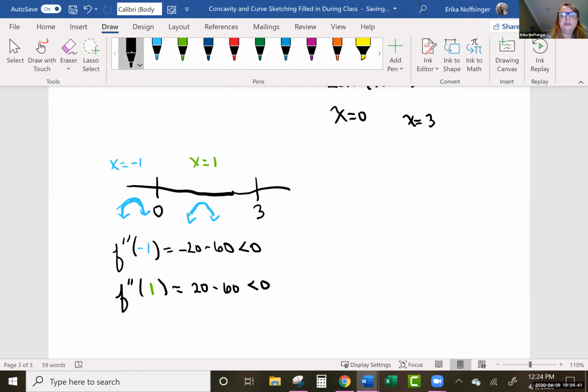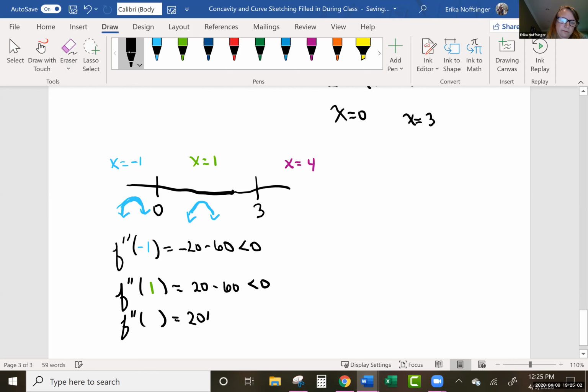Okay, so now choose a number that is bigger than 3. How about x equals 4? If we plug that into the second derivative, we have 20 times 4 to the third minus 60 times 4 squared. If you plug those numbers in, my guess is this is a positive.